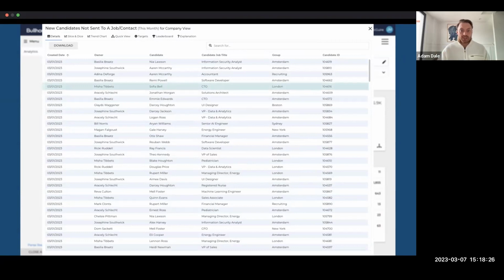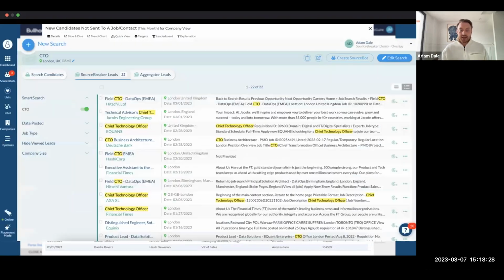We can then pick up this information and take it into the SourceBreaker platform, reverse engineer Sophia's profile, and now have a list of businesses in the same location as Sophia who are looking to hire that CTO role. So this is giving you the ability to say, we've got this candidate that we're working with, we need to get them to more jobs, and then connecting it with SourceBreaker to actually give your recruiters the jobs to go and pitch them into.